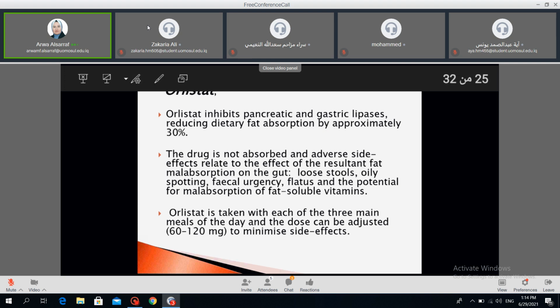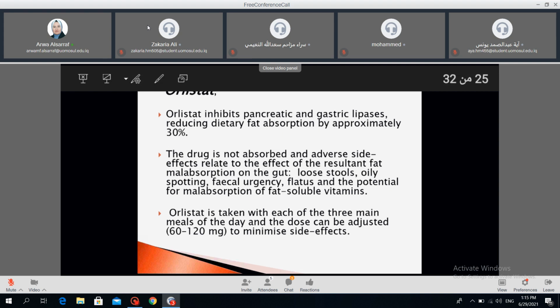So the patient usually has loose stool, similar to steatorrhea. If you remember, we took steatorrhea: stool is fatty, oily, pale in color, and also sometimes they have oil spotting, urgency and incontinence, even of fecal urgency, flatus, abdominal distension, and sometimes they will have malabsorption of some fat soluble vitamins, as we explained in the last lecture, like vitamin D, vitamin A or vitamin K. So we should pay attention in this patient not to have fat soluble vitamin deficiency.